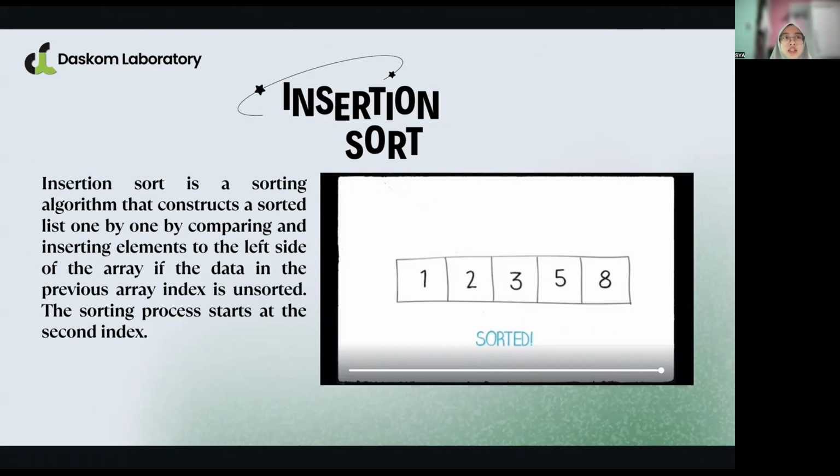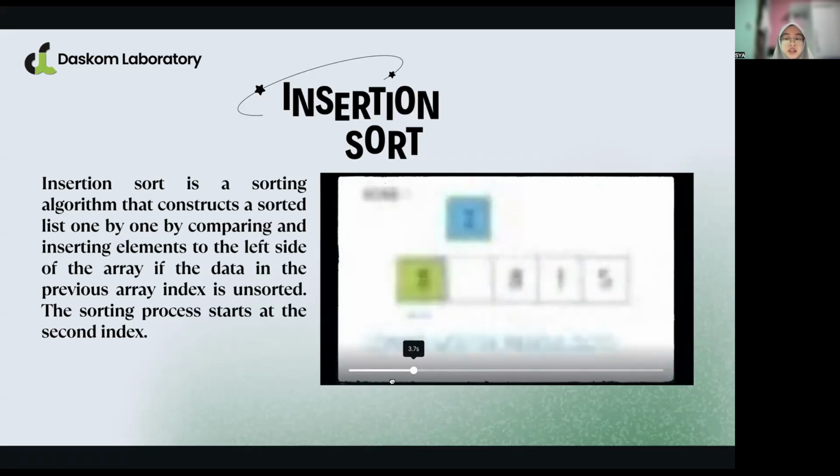We can imagine it as if we were arranging cards. You would take the cards one by one and insert them into their appropriate positions. To find out more, let's check a simulation video on how insertion sort works.